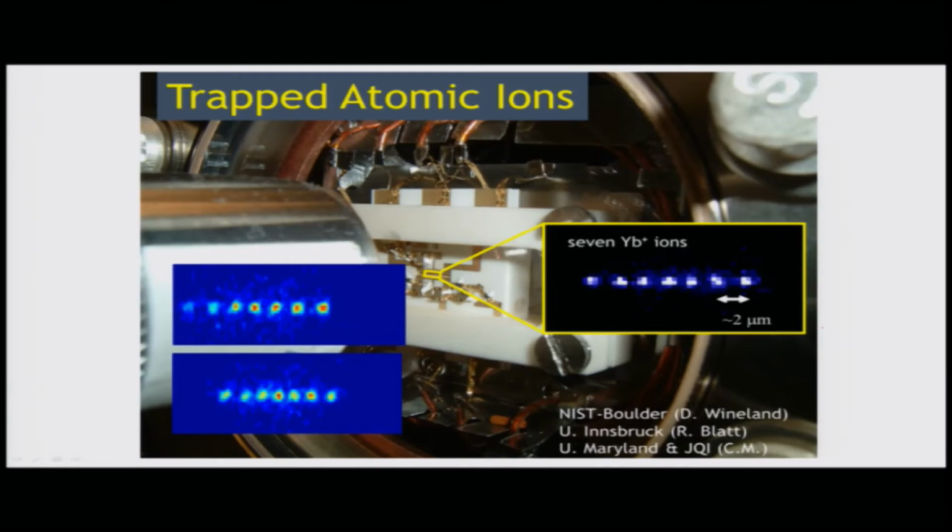So, here is some work which has been done very heavily by these groups. In fact, the group at NIST Boulder, which received the Nobel Prize, does a lot of work in these trapped atomic and ionic qubit systems. They in fact were one of the first to demonstrate many of the events that we have also discussed here.